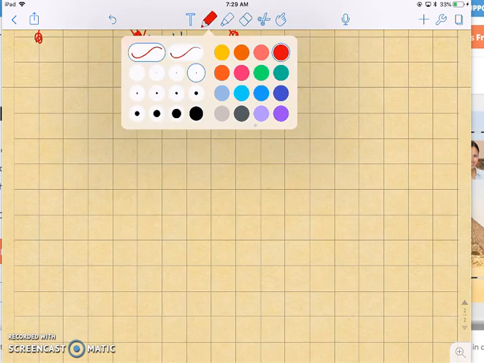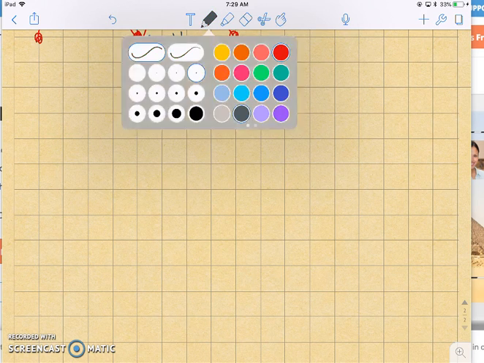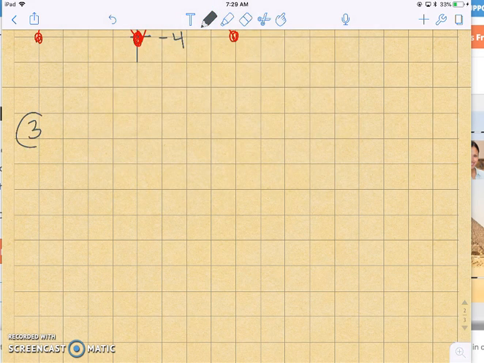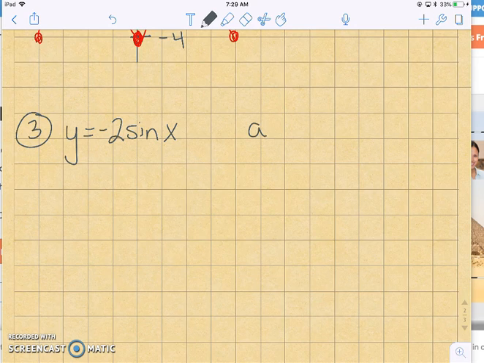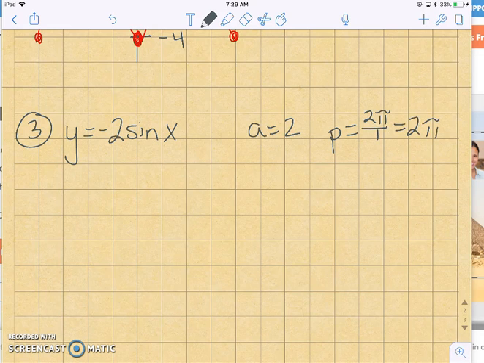Let's take a look at one more. Let's look at y equals -2 sine of x. Our amplitude would be 2. Our period would be 2 pi over 1, so that's 2 pi.